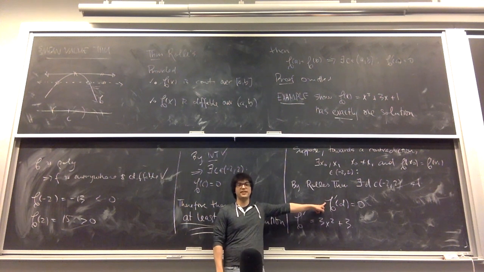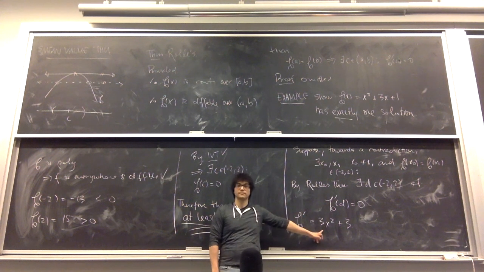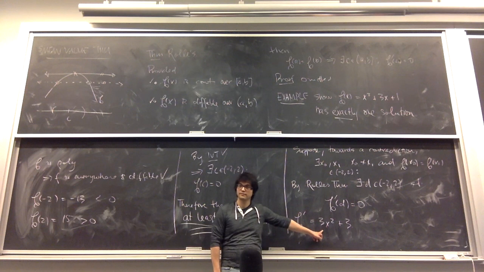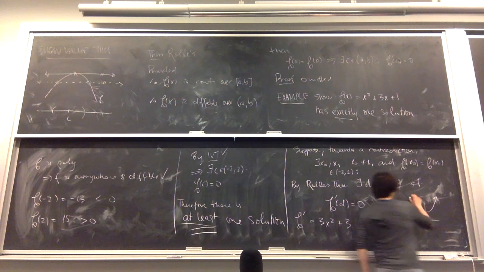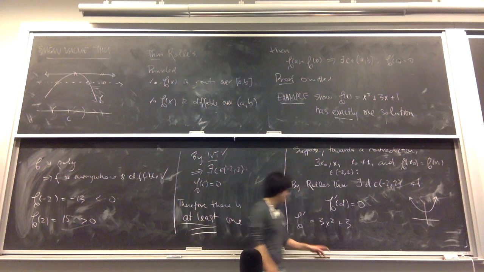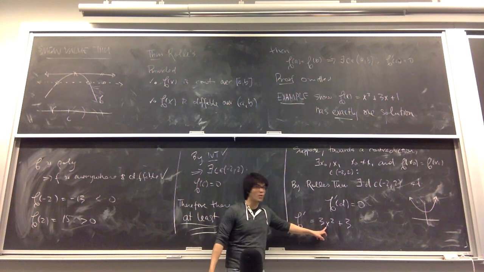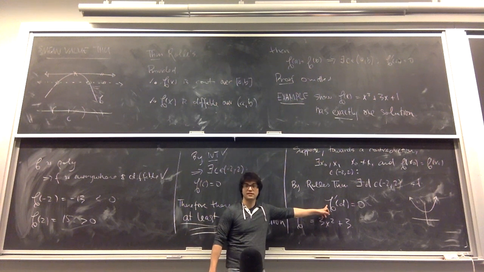It's saying I found a d where the derivative is 0. Stare at this. Can this ever be 0? It's this parabola. Everyone see that? This is 0 nowhere. So what does this mean? It's wrong.